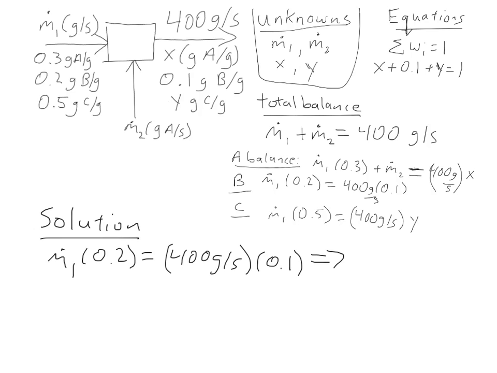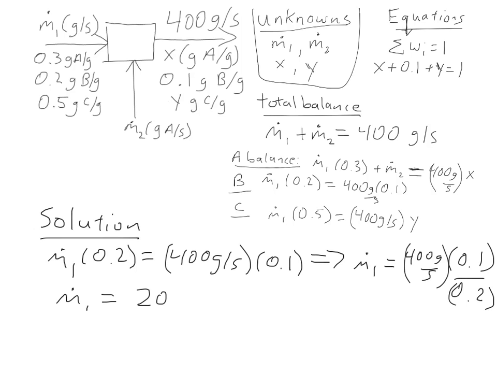And if I rearrange this and do my algebra for M1, I get M1 is equal to 400 grams per second times 0.1 divided by 0.2, M1 is equal to 200 grams per second.